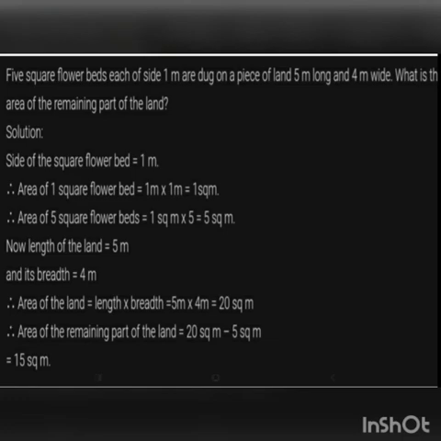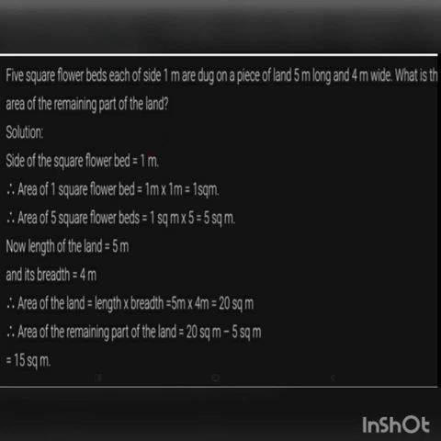So first we have to find the total area of the piece of land. Then what area is covered by these 5 square flower beds. So first I am going to find the area of these 5 flower beds. For that, the side of 1 square flower bed is given as 1 meter.